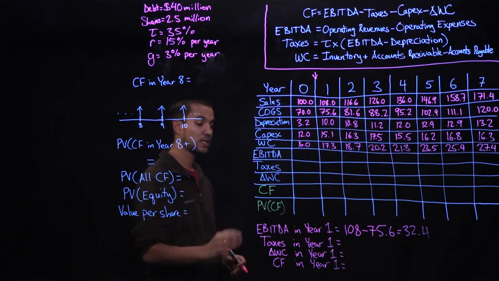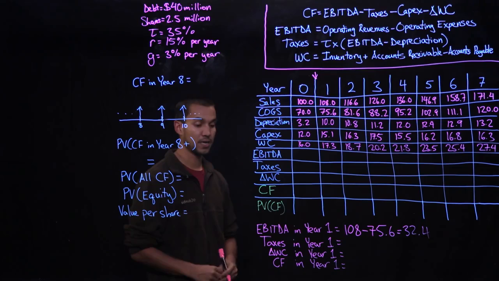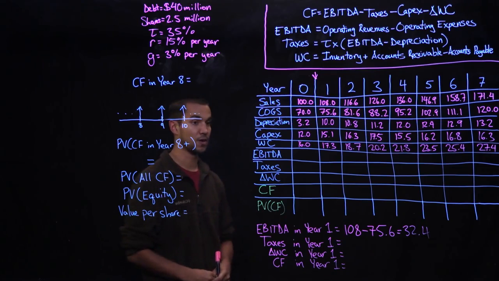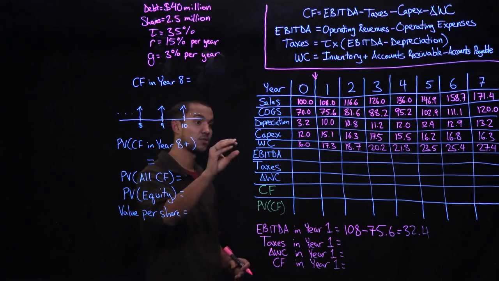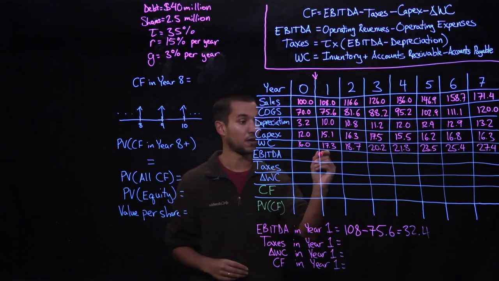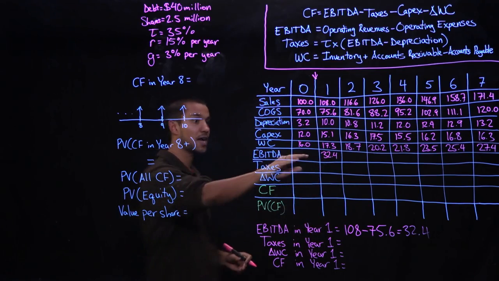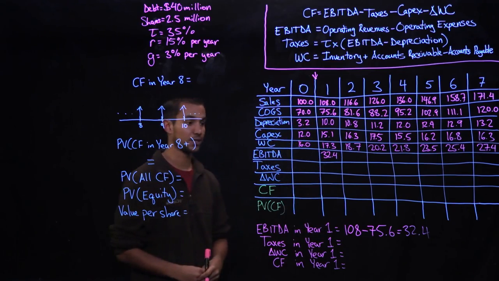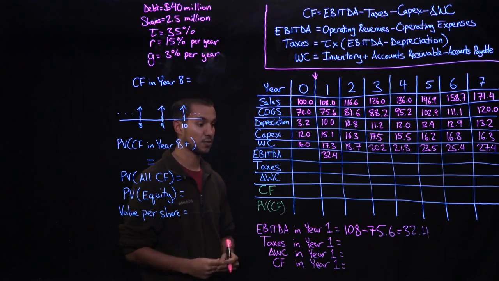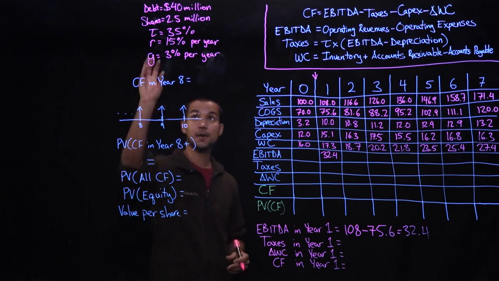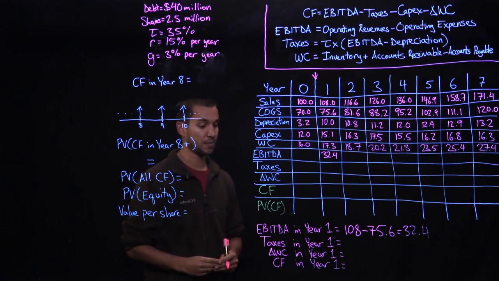And now, using this operating income, our estimate for EBITDA in year one, we can also estimate the taxes in year one. We're going to want to subtract from this EBITDA, which again is $32.4 million, our depreciation tax shield, which lowers our taxable income, and then multiply by our tax rate, which is 35%.